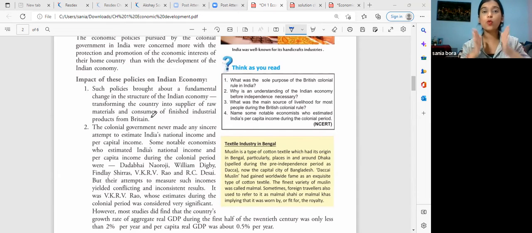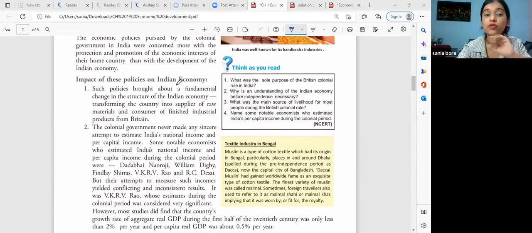India was supplying the raw material to Britishers, and whatever finished goods they were making, India was purchasing from there. Clear?